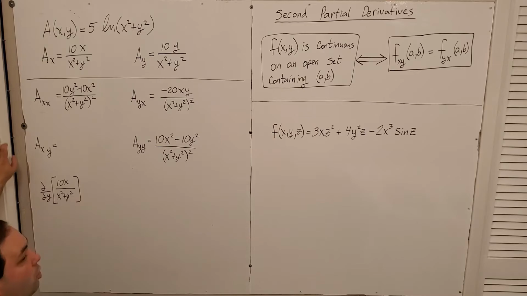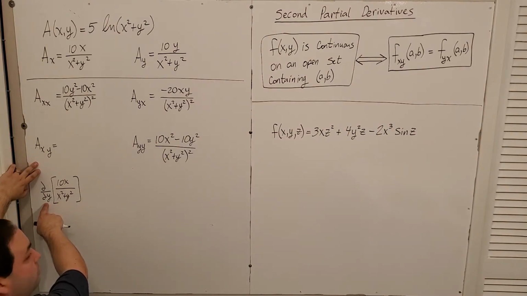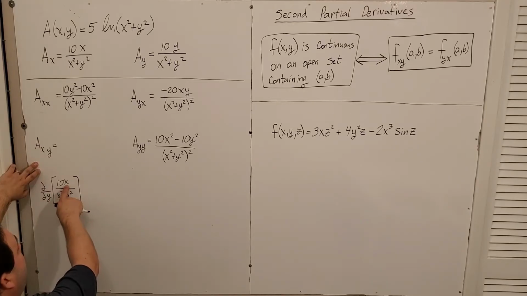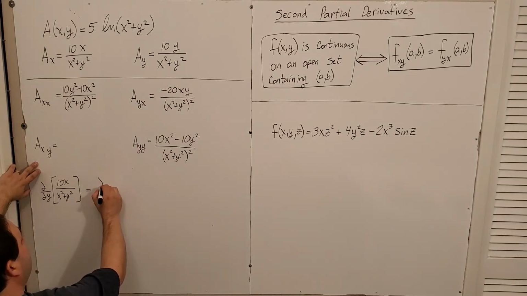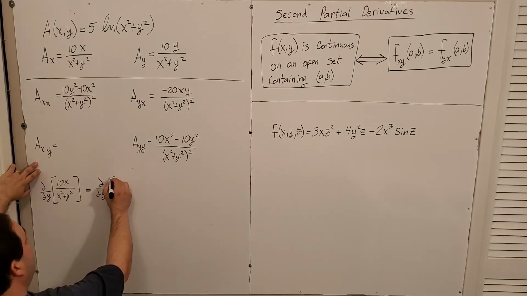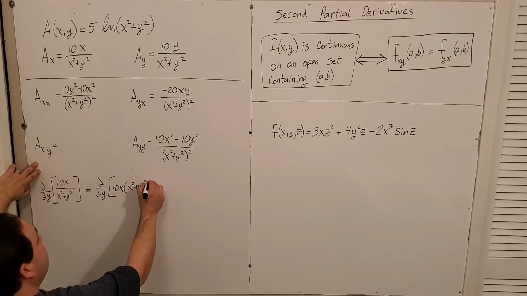Okay, and you remember the workaround that we had before was we're doing the partial with respect to y, and the numerator doesn't have any y's in it. So I can pull that fast maneuver that we had last time. So it's 10x times (x squared plus y squared) to the negative 1.